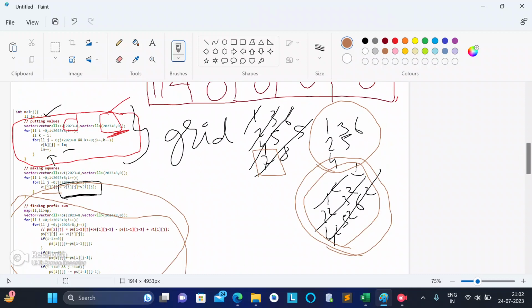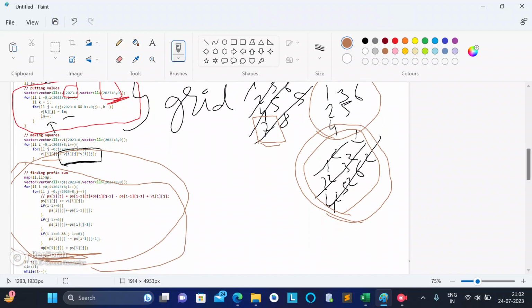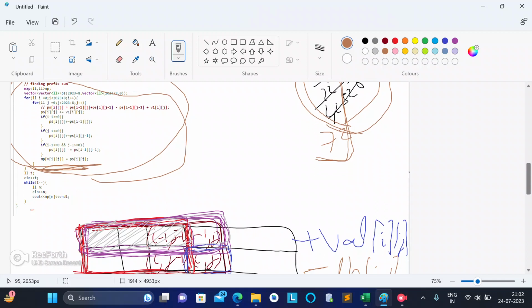Suppose I have 7. I'm at 7 and I know for 7 square I find out the prefix sum. So I will do the mapping of 7 as this value. Because of which it will be helpful for me in the test cases. I will directly use MP of n, which tells me the answer in log n or in order of 1 time.